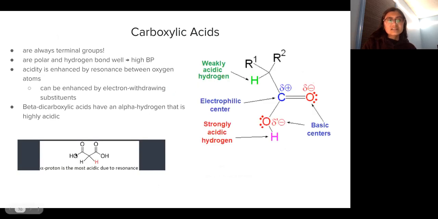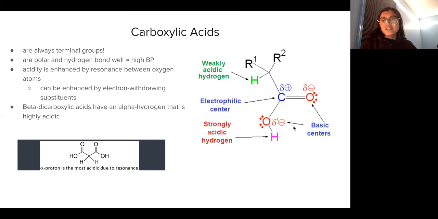All right, carboxylic acids. These are always terminal groups. They're polar and they hydrogen bond well, and therefore they have a high boiling point. The acidity of carboxylic acids is enhanced by resonance between oxygen atoms, and this can be enhanced by electron withdrawing substituents.